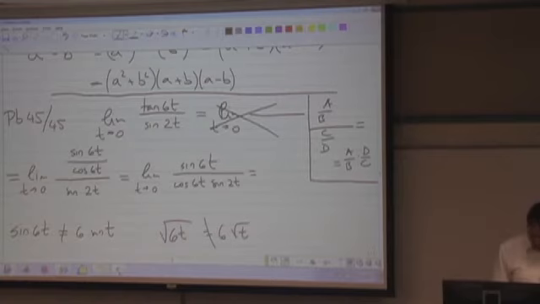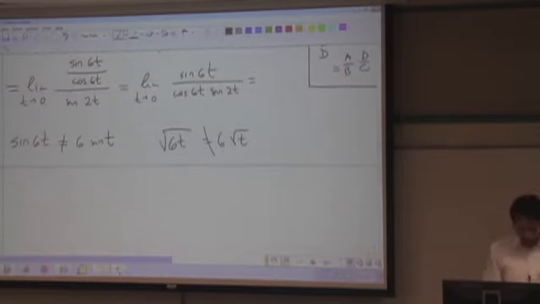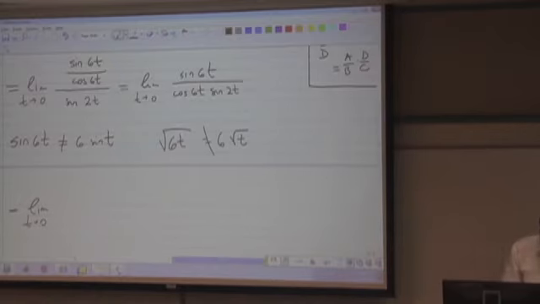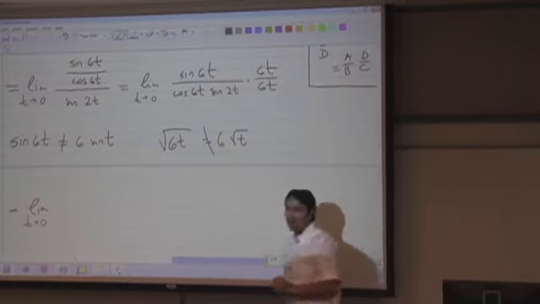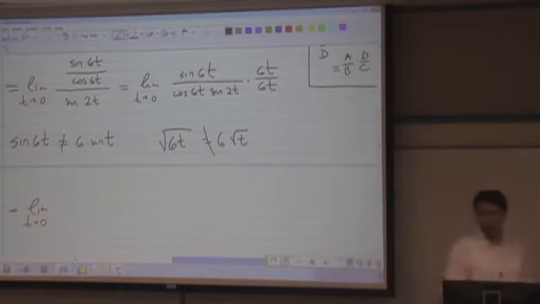Okay, so now what should we do here? Well, let's do the following. I'm going to have the limit as t goes to 0, and I'm going to write this in the following way. Before I actually get there, I'm going to multiply and divide by 6t. Why can I do that? Well, because t is not 0, so I'll just multiply by a particular form of 1. Okay? So I'm going to separate this into three parts now.